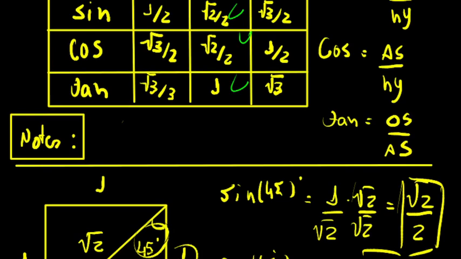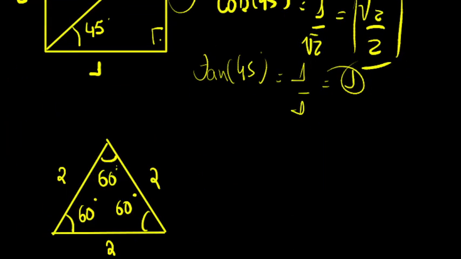So let's do the 30 degrees and the 60 degrees. With this equilateral triangle here down below, we can divide these sides here.